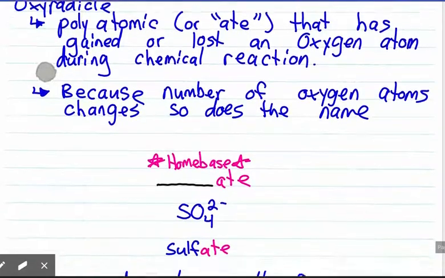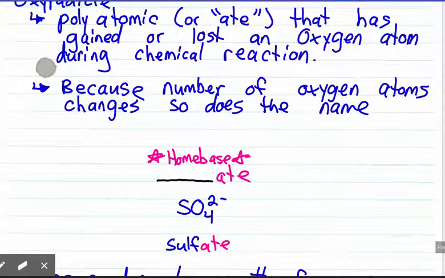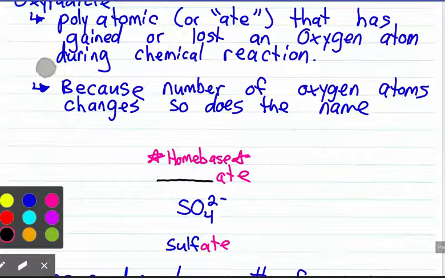So we're going to look at sulfate today. We're going to consider sulfate, SO4 with a 2 negative charge, as our home base, our -ate. Now, an oxyradical is one that has a changed number of oxygens. So we're going to see what happens if we lose one oxygen.